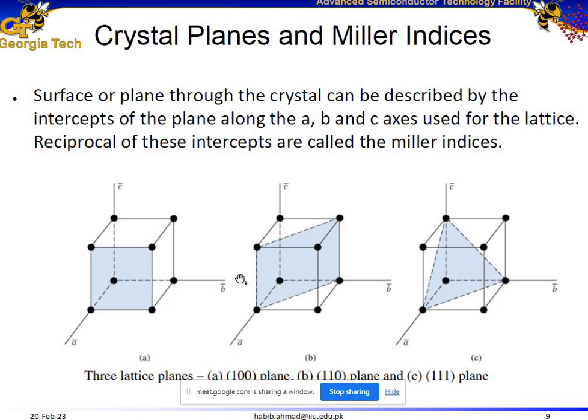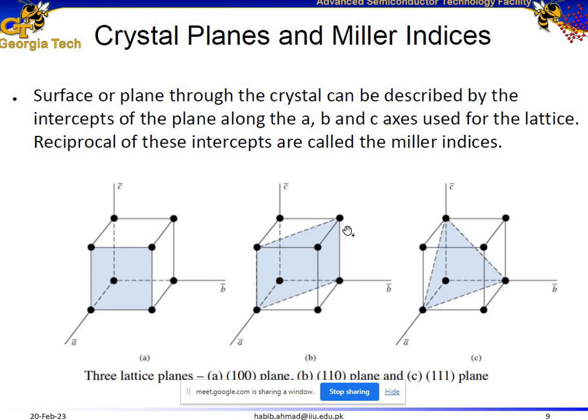How about the reciprocal for the y and z-axis? The intercepting point is infinity, so 1/infinity becomes 0. 0 for the y-axis and 0 for the z-axis. So the Miller indices actually determine the crystal plane. For example, this plane you can represent using parentheses, and you can call it the (1, 0, 0) plane.